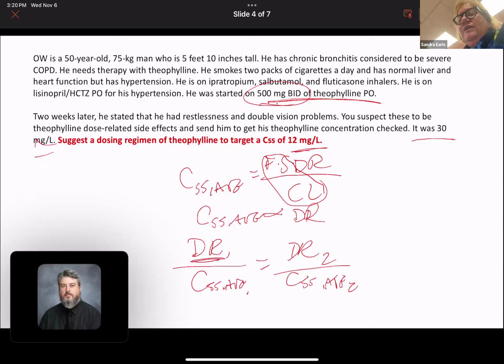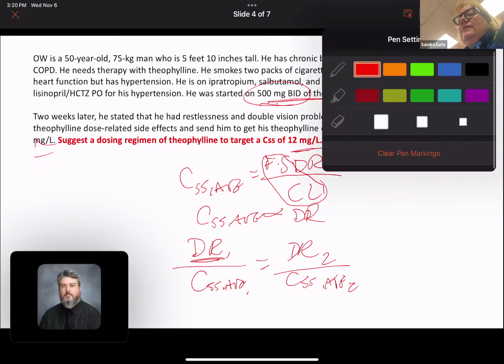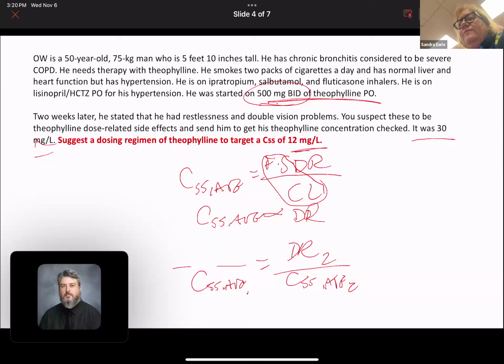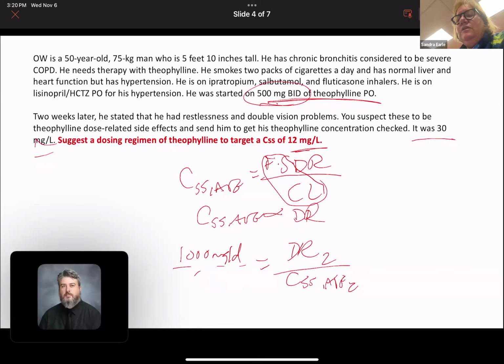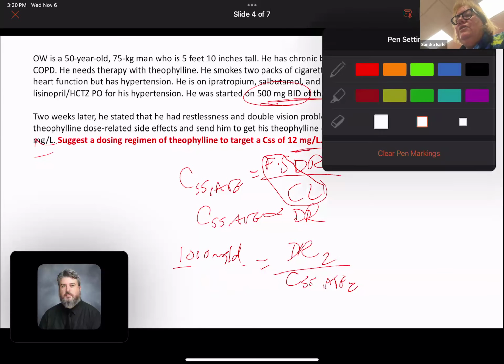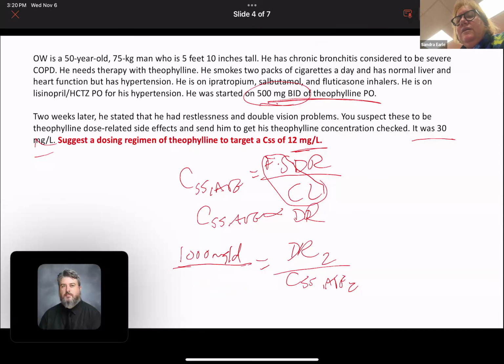So dose rate 1 in this case is 1,000 milligrams per day. And our resulting Css average, when we gave that much, was 30 milligrams per liter.